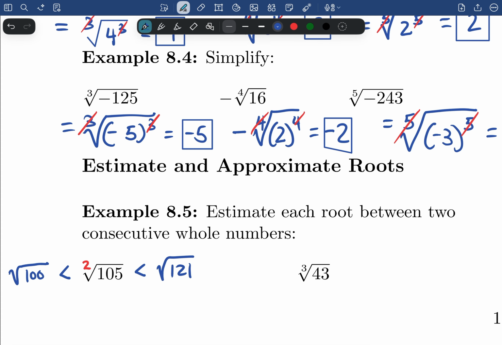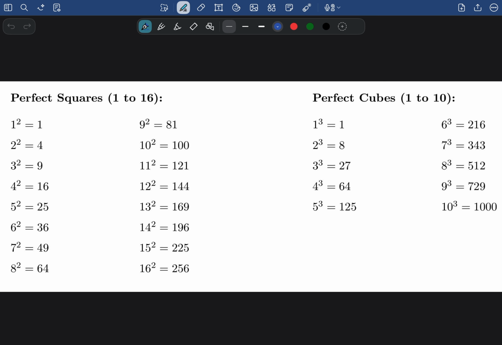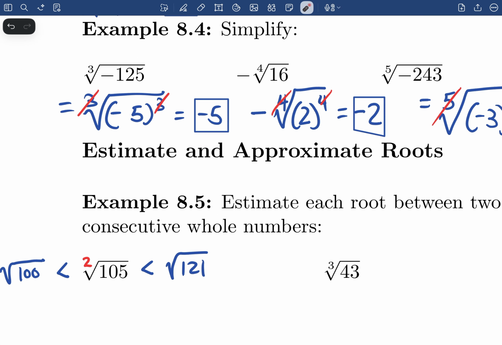Let me show you perhaps here that I just looked at two perfect square values, like 100 and 121. 105 is in between these perfect square values, okay? So when I square root 100, I get 10, and when I square root 121, I get 11. So when I square root 105, I should get a value that's somewhere between 10 and 11. That's what my brain is thinking, okay?